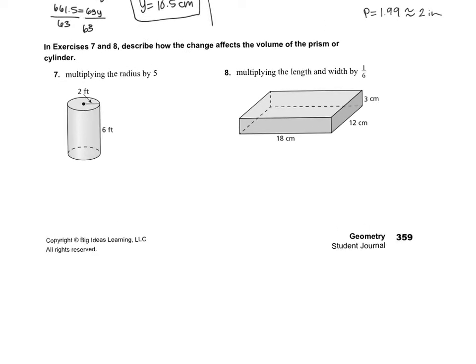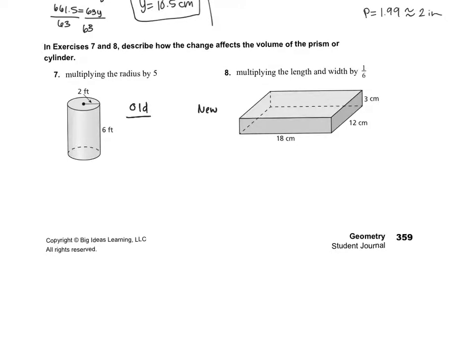All right, so for this next part, it says, in exercises 7 and 8, describe how the changes affect the volume of the prism or the cylinder, multiplying the radius by 5. So first off, let's look at the old, and then let's look at the new.